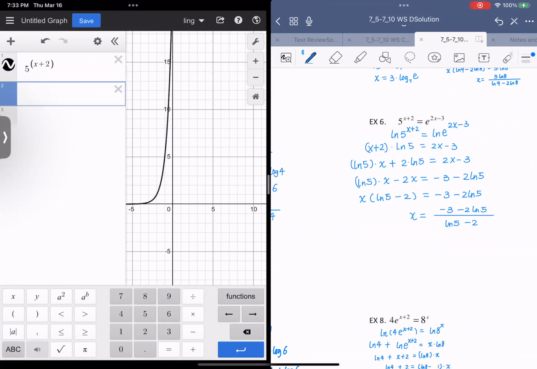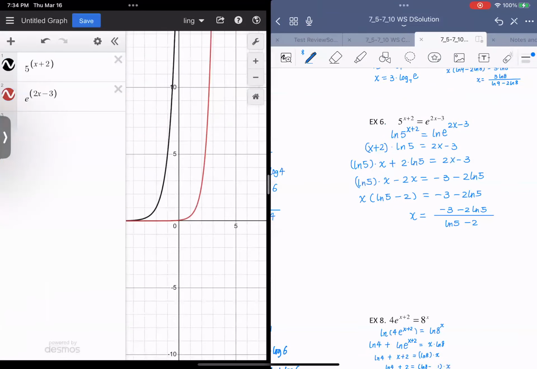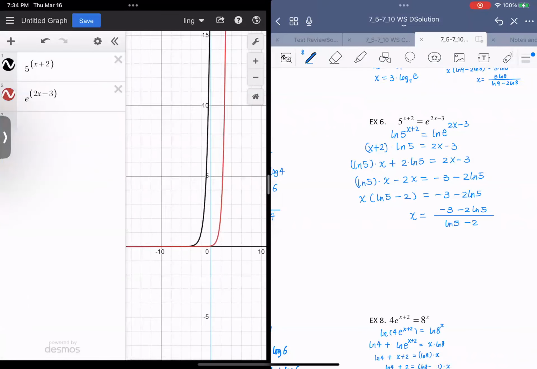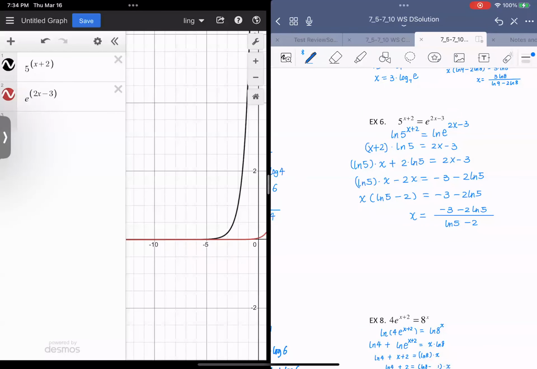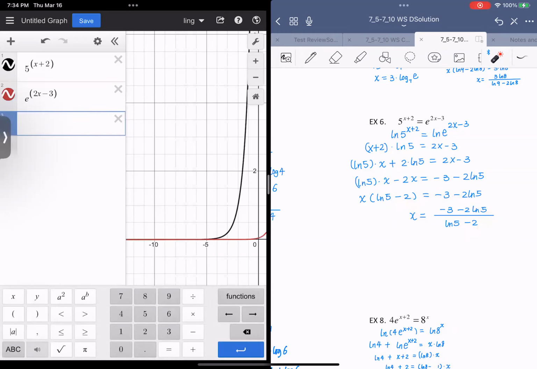The other one is e to the power of 2x minus 3. You have this too. And you want to solve for their crossing point. The way you solve it by graphing calculator is really hard. But when you have this, you can get the x location.